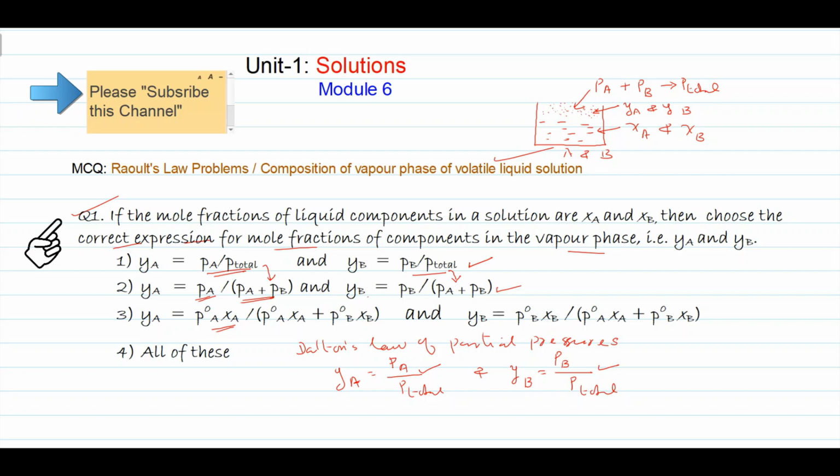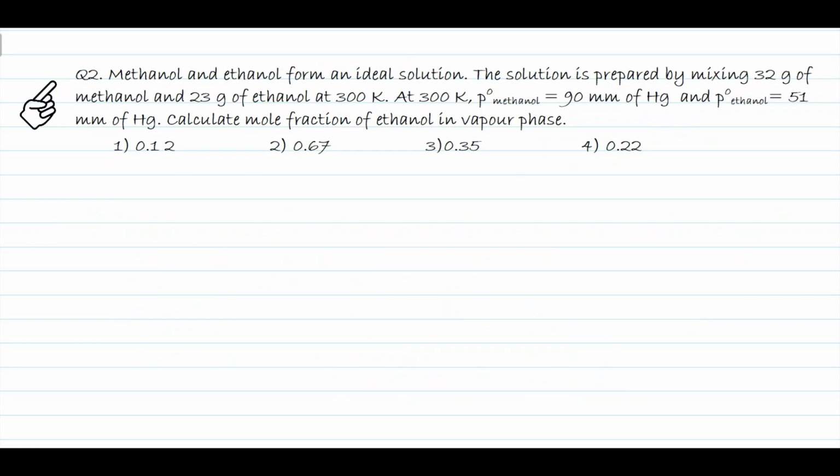The same thing you can see in the case of Yb expression. Pb written as P0B chi B. Denominator expressed as P0A chi A plus P0B chi B. So expression 3 is also correct. So all the three expressions are correct. So option 4th one is correct.